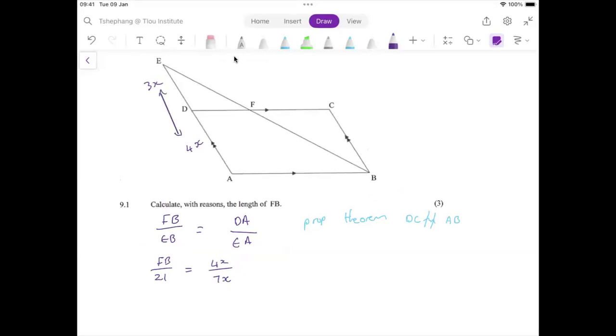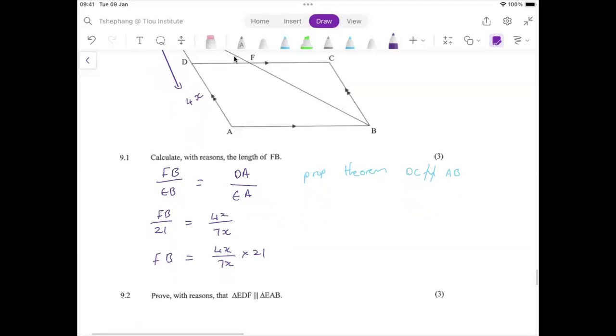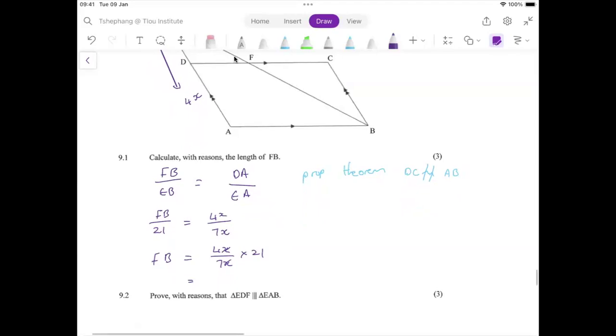Thank you for that correction. Now, FB will be equal to 4x over 7x multiplied by 21. Okay, then x and x cancel. Then if we just multiply 4 over 7 by 21 on our calculators, we should be getting 12 because the 7s cancel each other out. 4 times 3 will give us 12 units.